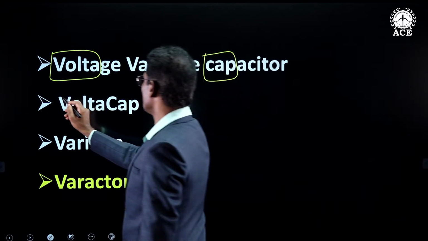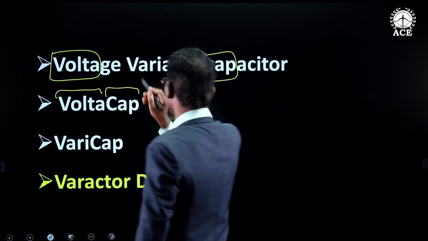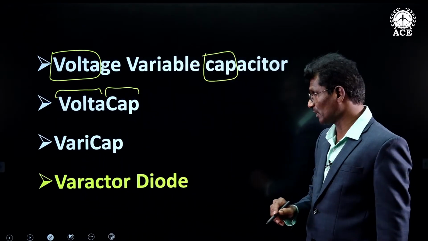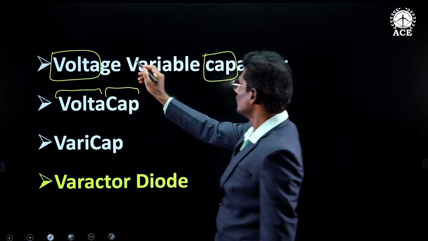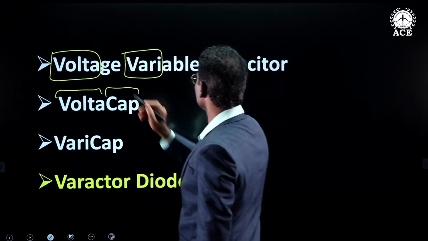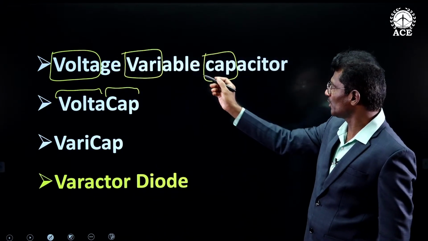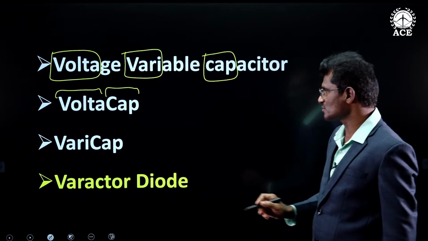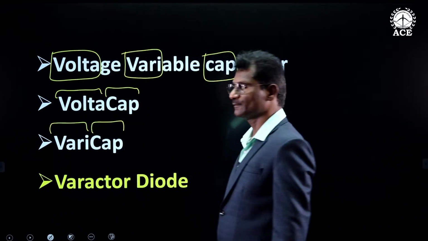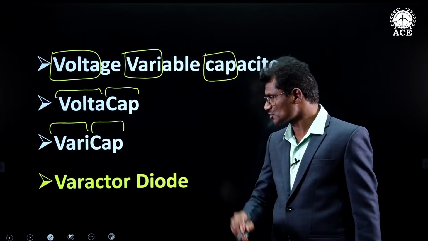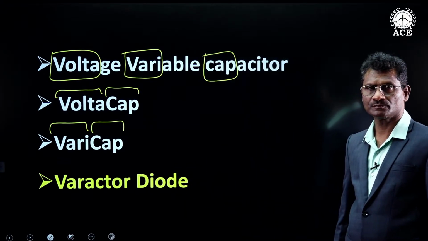Put together, we get the name volta cap. Similarly, VOLTA of voltage, VARI of varicap of variable, and CAP of capacitor. Put together, we get the name varicap. Or it is also given the name varactor diode.